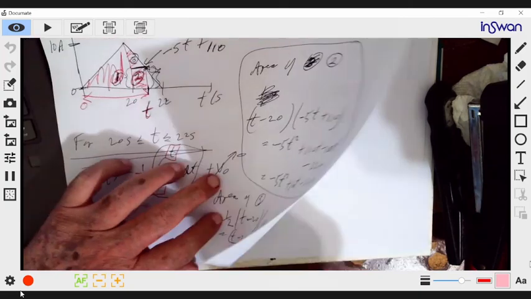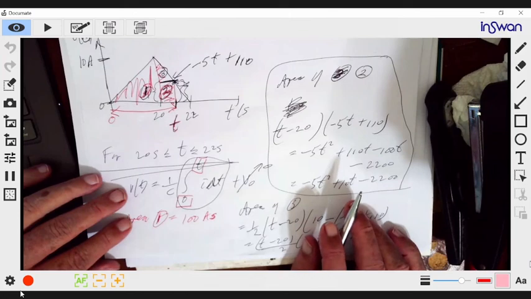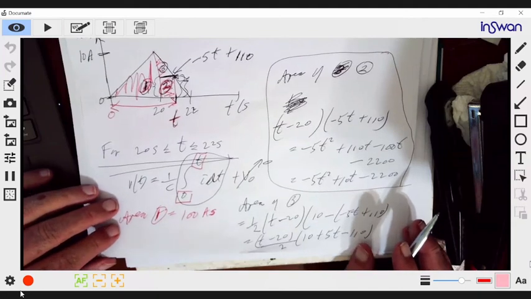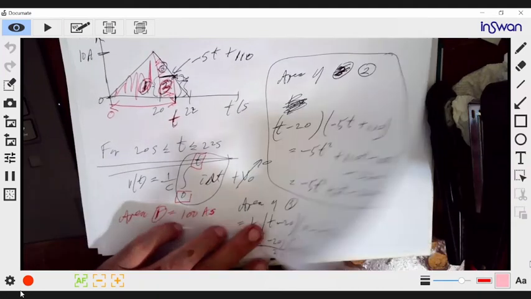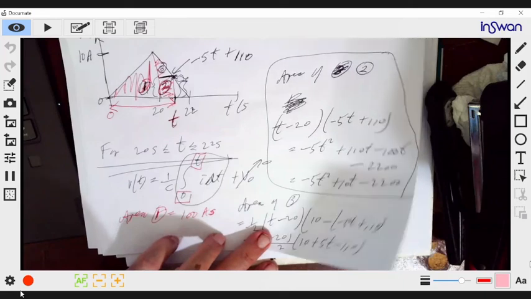How much should the area be? From 20 to 22, how much of the area should it be? So we can easily check our answer. How much should the area be? Should it be 20?